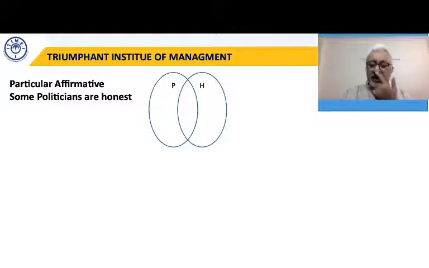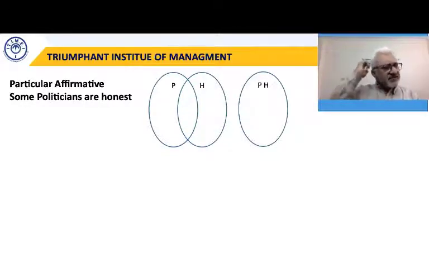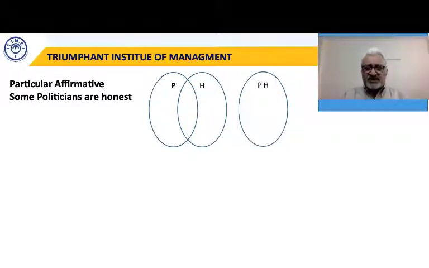All right. Now, look at this. Is this representing some politicians are honest? Is it representing that there are some politicians who are honest? It's more than that, but that also gets included in some politicians are honest.